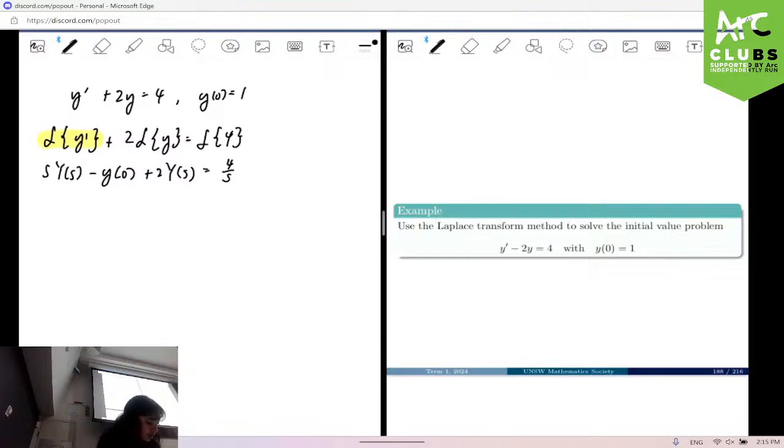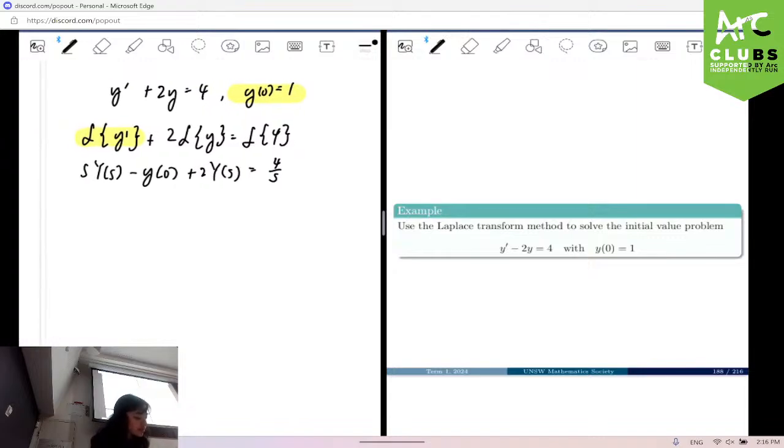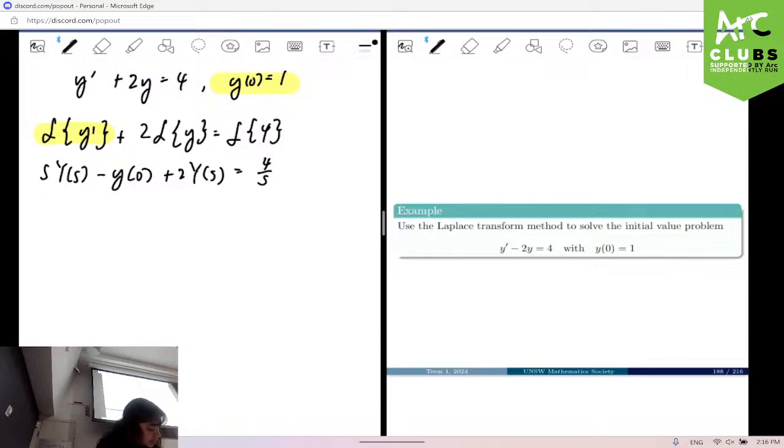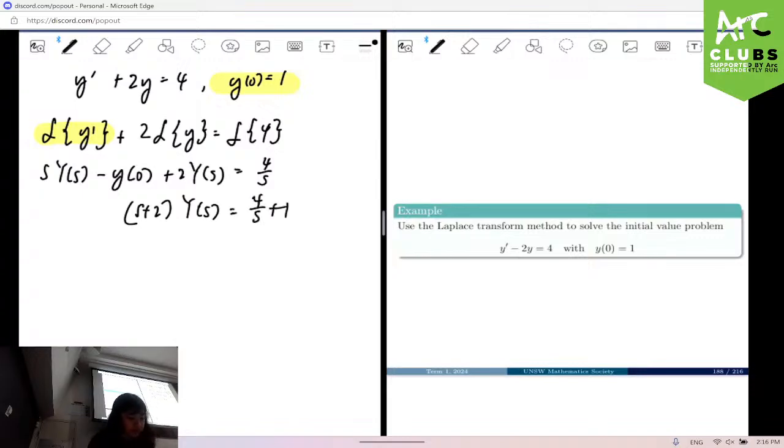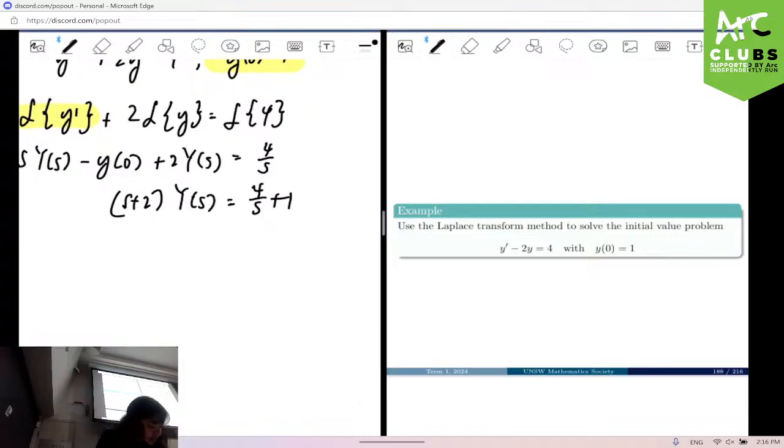So we know that y(0) is 1. Sorry. We're going to move that to the other side. So what we will get is (s plus 2)Y(s) equals 4 over s plus 1. And then we know that Y(s) is just 1 over s plus 2 times that, right?